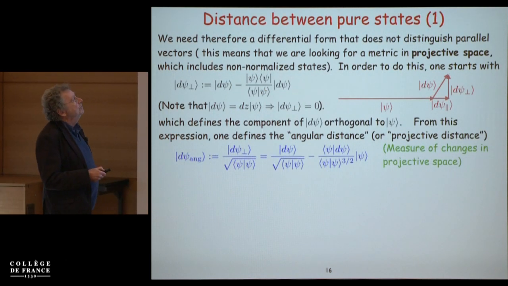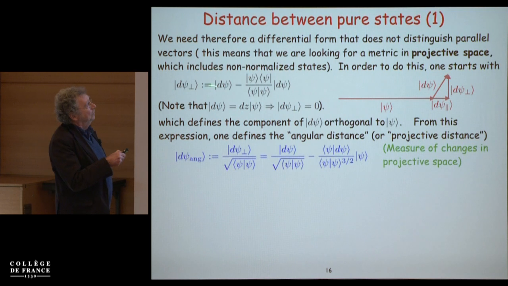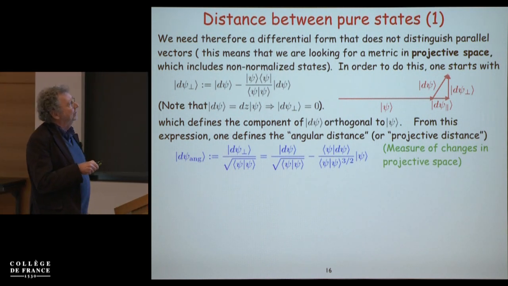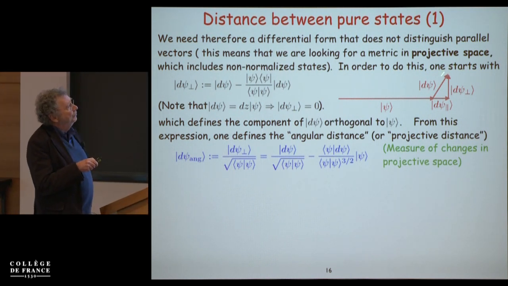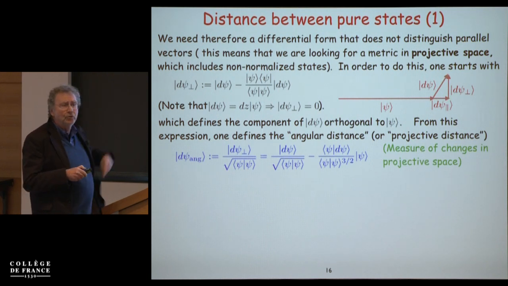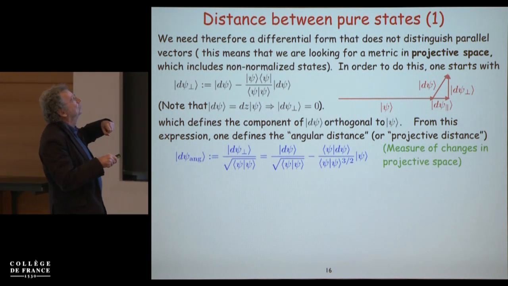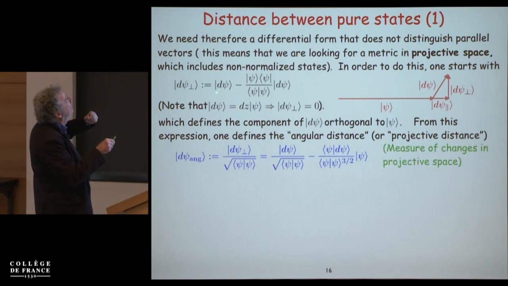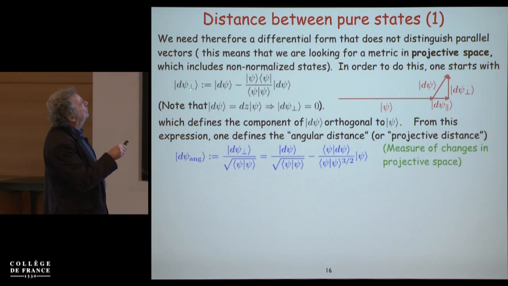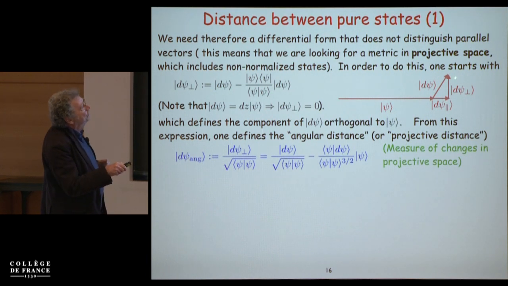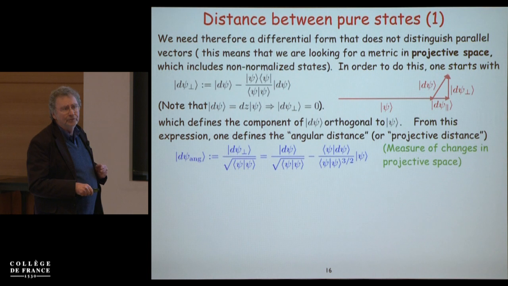Well, we can do something like that. Before looking at this equation, just look at this expression. We have some change in psi, but then we subtract from this change the part that is collinear with psi, because we don't want to take that into account. So what's left is orthogonal to psi, and that's what is done here. D psi orthogonal is equal to d psi minus the projection of d psi on psi, which is given by this expression here.